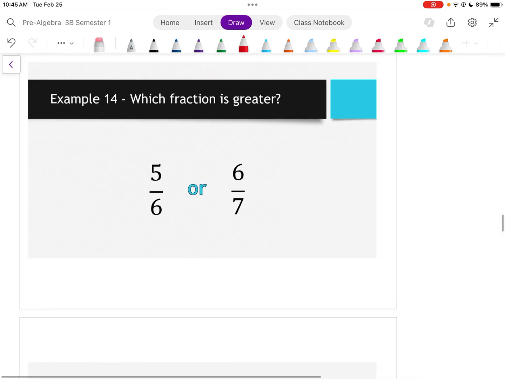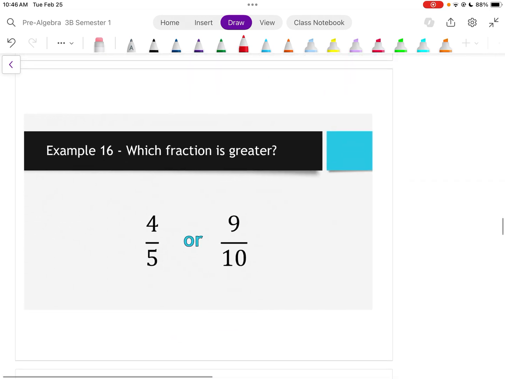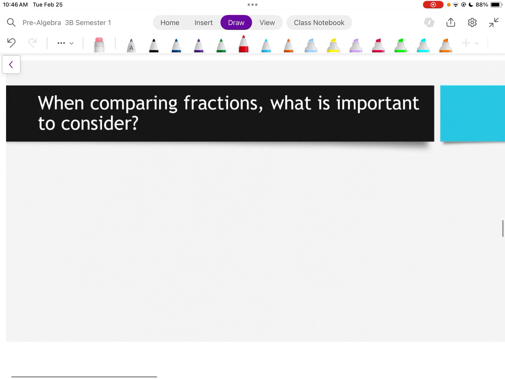All right. If you need another example, you can go ahead and do these next ones and then check your answer. One thing that you want to do when comparing fractions, numbers that you can compare them to is figuring out which is closer to 0.